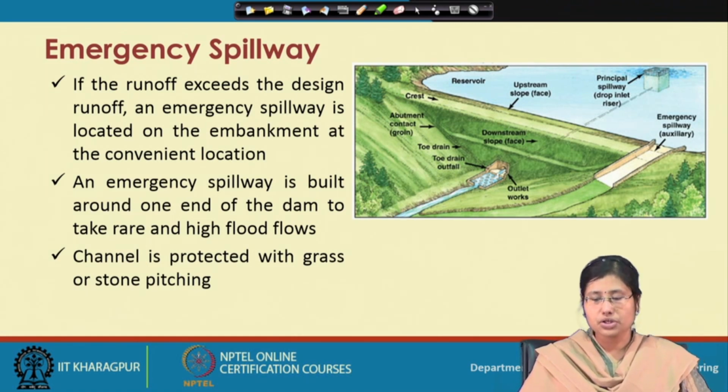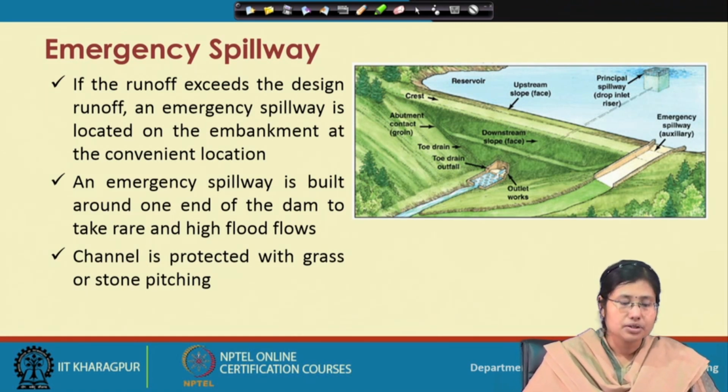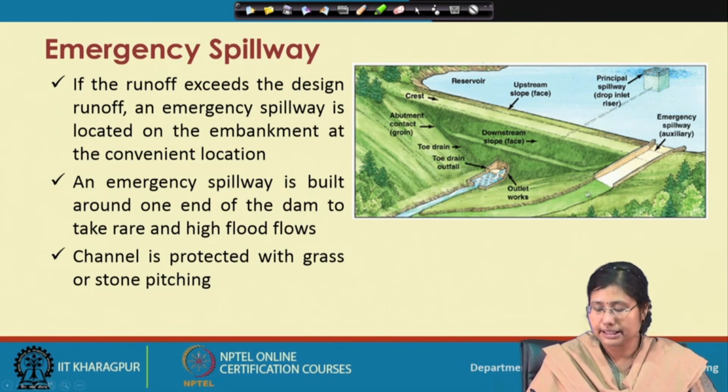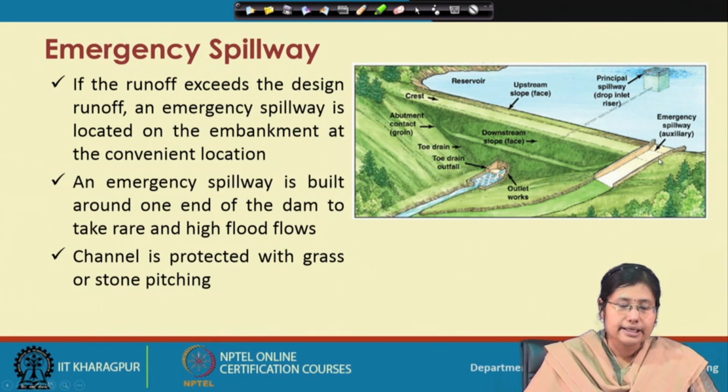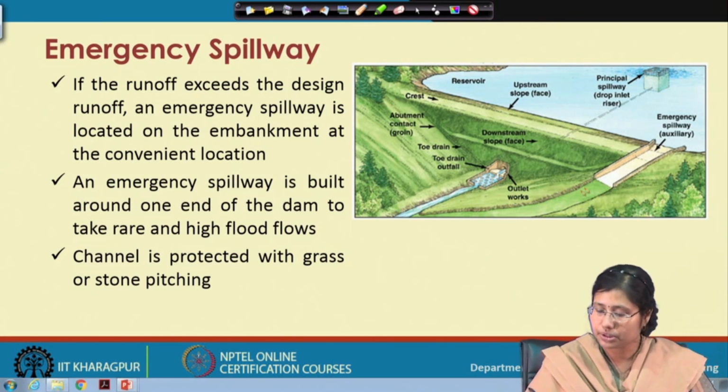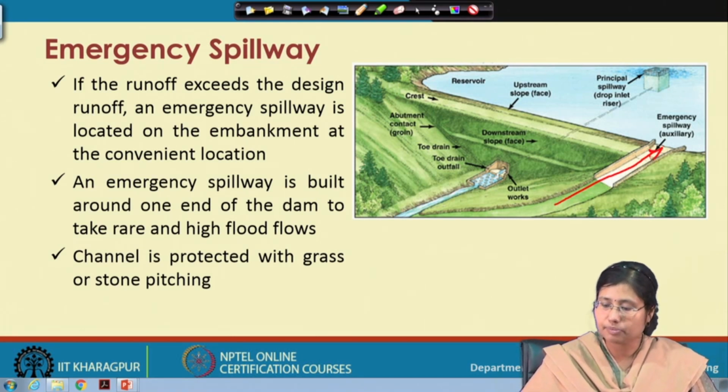Now, it also consists of an emergency spillway. If the runoff exceeds the design runoff, an emergency spillway is kept, which is located at the embankment at a convenient location. As you can see in this figure, the emergency spillway structure is provided.